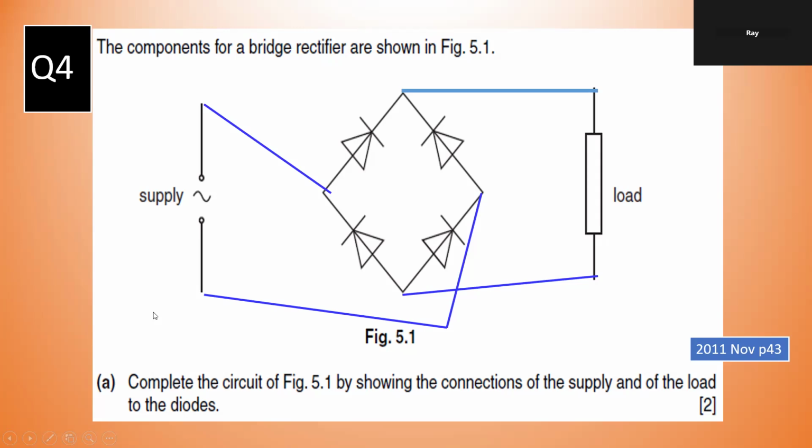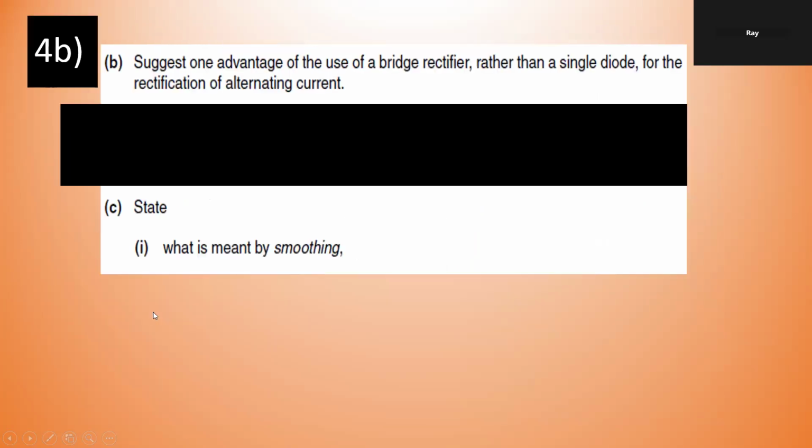Suggest one advantage of the use of a bridge rectifier rather than a single diode for the rectification of alternating current.